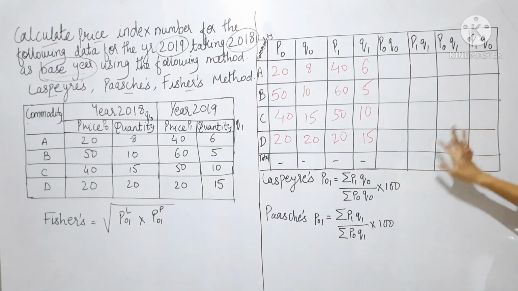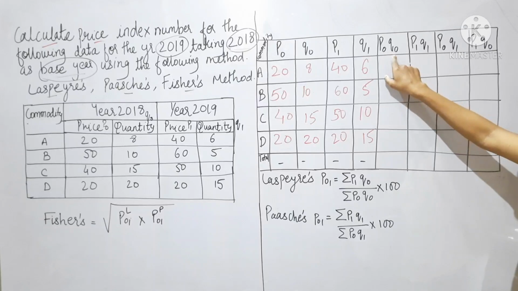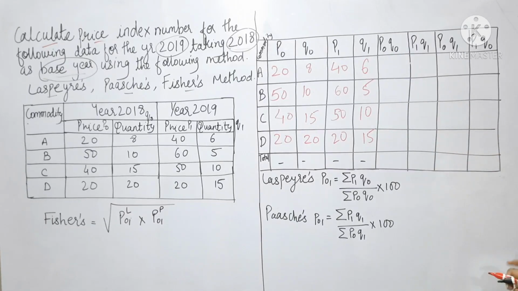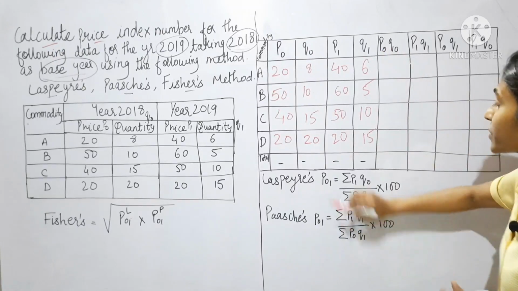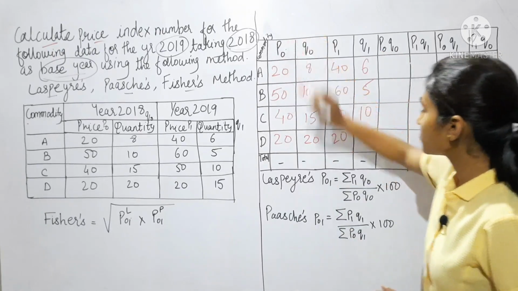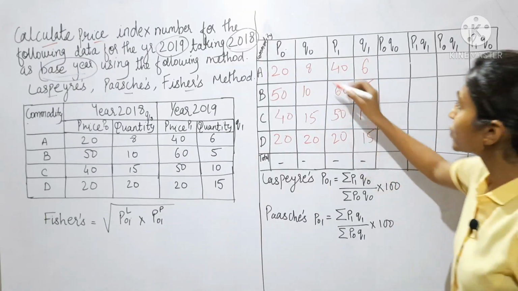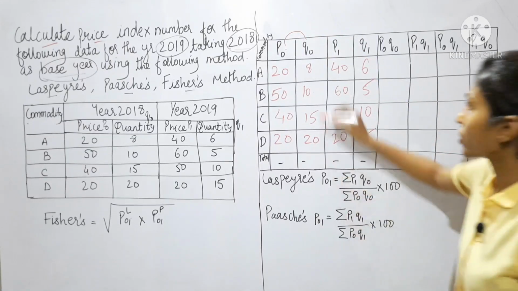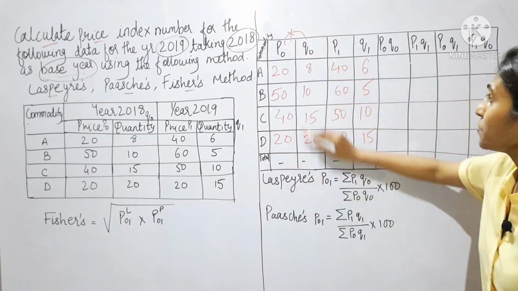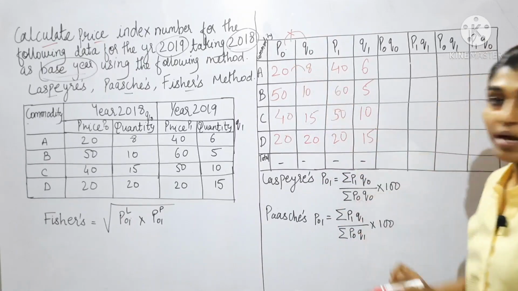Note down. Now next, what you have to do, the next column is P0 Q0. Look carefully. Now where is P0? Here is P0, and where is Q0? Here. So multiply P0 by Q0, that means 20 multiplied by 8.